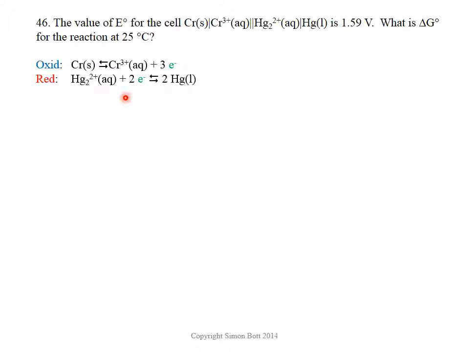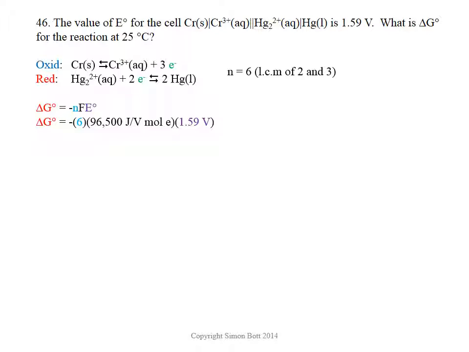So the n, the number of electrons in the reaction, is going to be the least common multiple of 2 and 3, which is of course 6. So E0 is 1.59, n is 6, plug it in, delta G0 equals minus nFE. We did this in class, not this particular one, but we did a couple of examples. Minus 6 times 96,500 times 1.59, and that gives us minus 921 kilojoules.